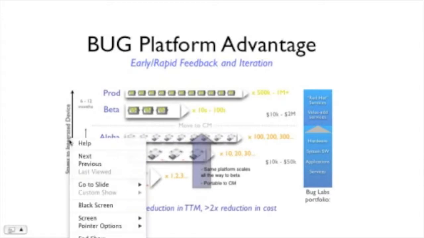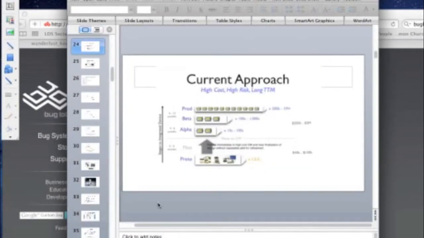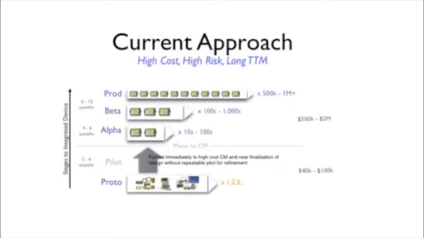So previously, the prototyping would take between 2 and 6 months, and then you'd build an alpha prototype, which would take another 4 to 6 months, and then you start doing the production, which would take 12 months later.